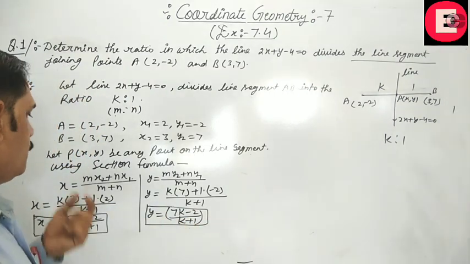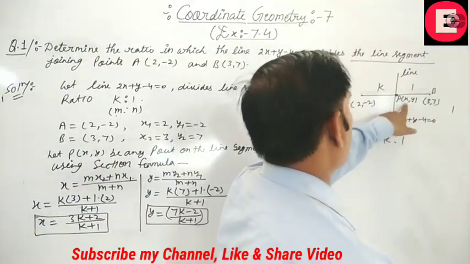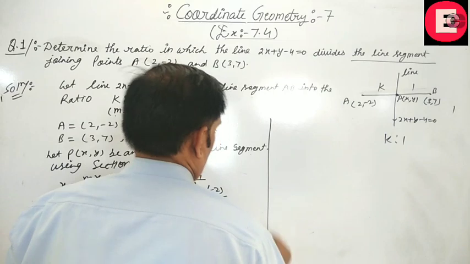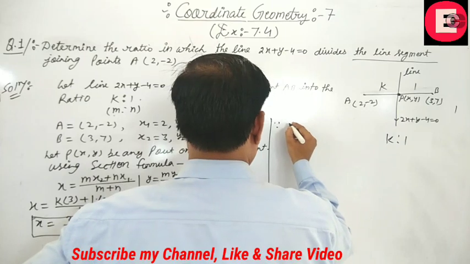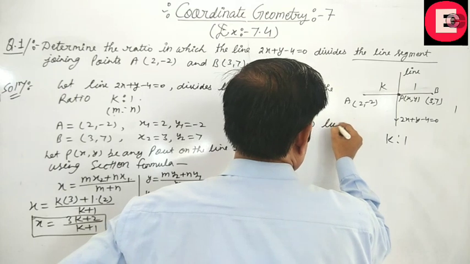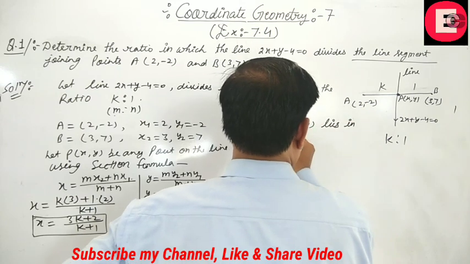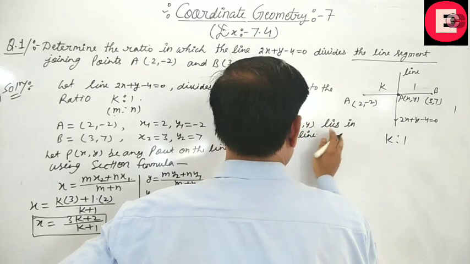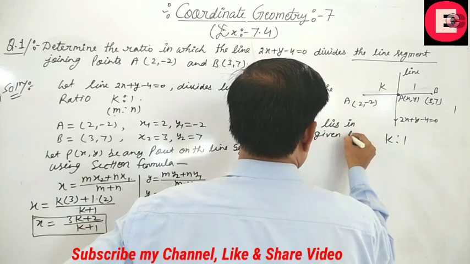Okay, and you can see the point P, the coordinates x and y, satisfy the line since P lies on the given line.